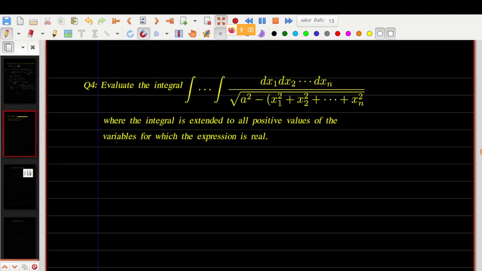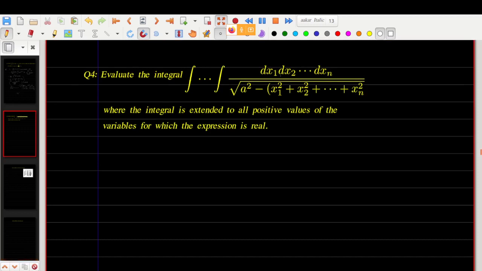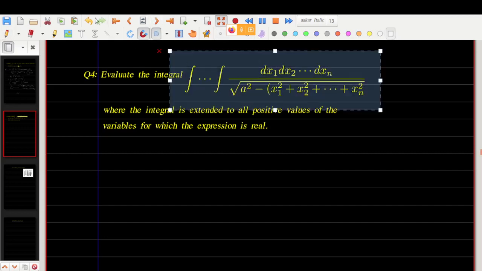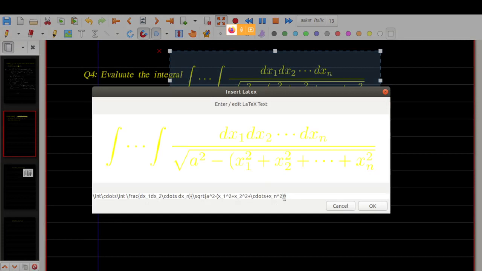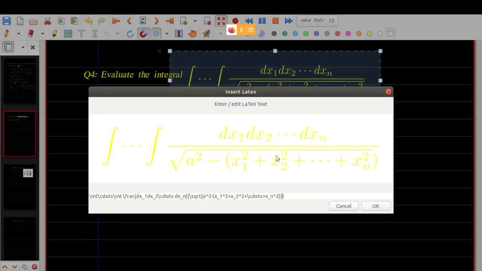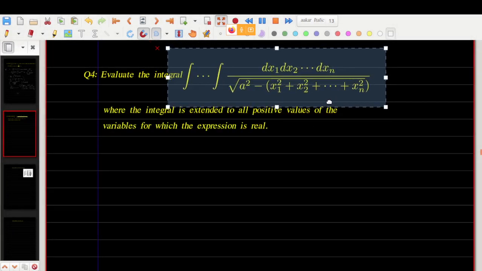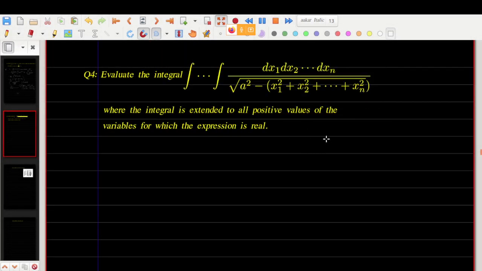Yeah. So now the question says to find the integral of dx1, dx2, dot dot, dxn, and the integrand is the square root of a square minus x1 square plus x2 square dot xn square, and the integral is extended to all positive values of the variables, that is x1, x2, xn, such that this expression is positive.